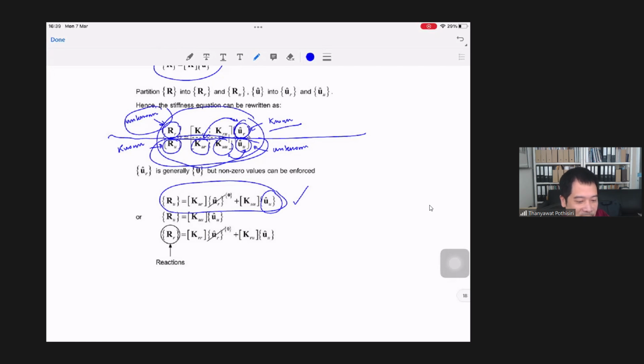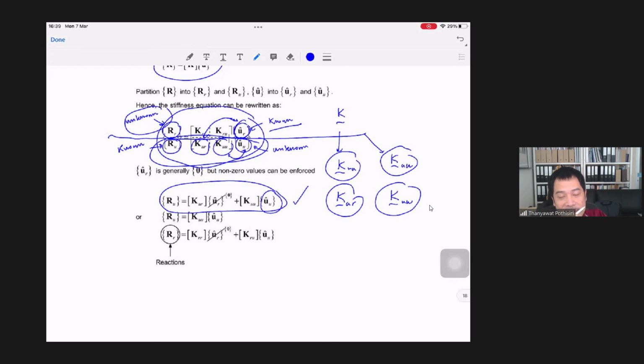So, for example, if you already construct a structural stiffness matrix K, you don't want to split it into K_UU, K_UR, and so on, because if you do this, it means you have to construct 4 new matrices based on the matrix that you have. So in a computer program, you don't actually partition your stiffness matrix into 4 different parts.